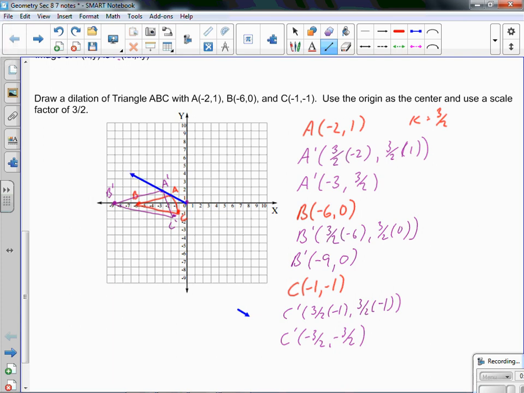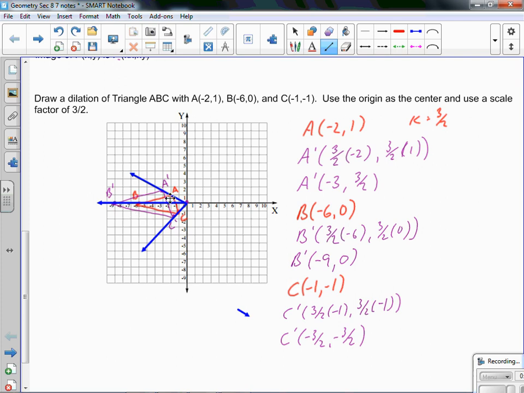From the center point, draw that ray from the center point, it should go through both of our points, the original point and the prime point. So this ray goes from the center, hits A and A prime, goes from the center, hits C and C prime, and there could be one more that goes straight down the x-axis. Right? It's going to hit B and B prime.